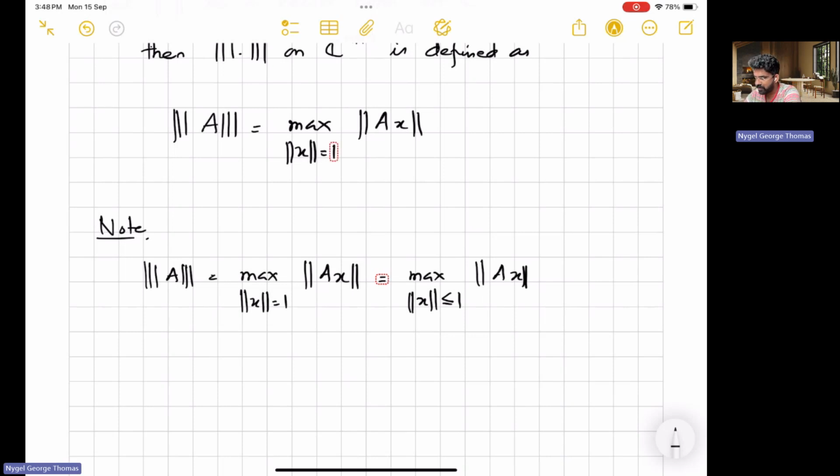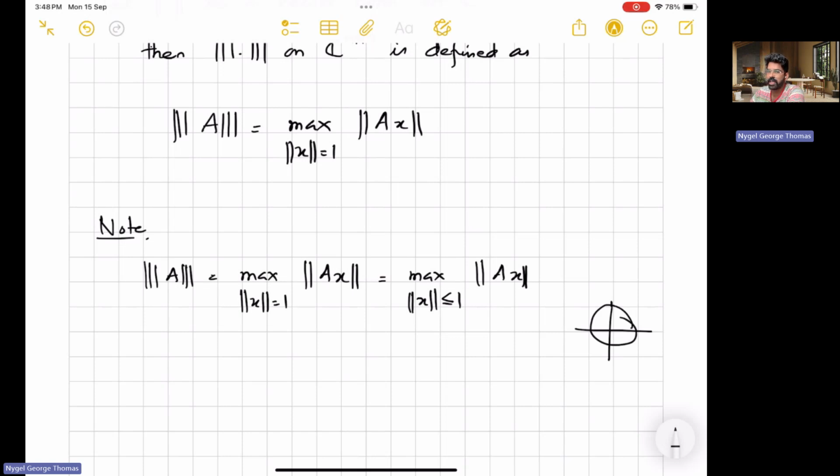Why is this so? Suppose we look at the case of x's which have norm less than 1. Let's take a 2D case where we have something like an L2 norm.